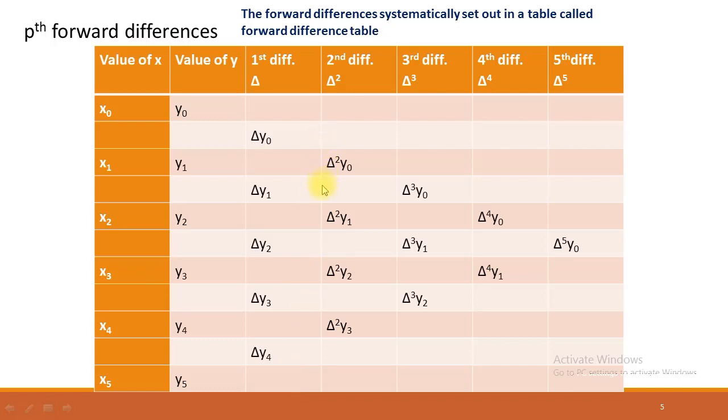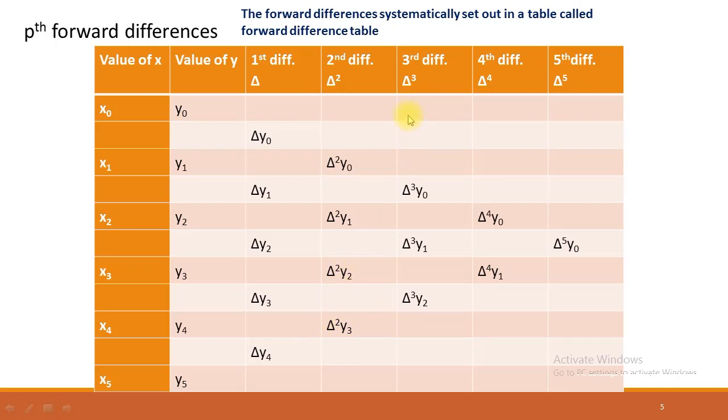Similarly, for the second differences column, subtract the consecutive terms. Subtract delta y naught from delta y1, we get delta square y naught, and delta y1 subtracted from delta y2, we get delta square y1. Similarly, delta y2 from delta y3, we get delta square y2, and subtract delta y3 from delta y4, we get the difference delta square y3.